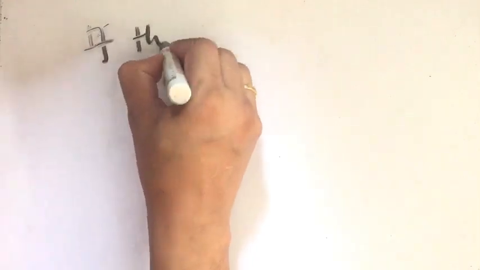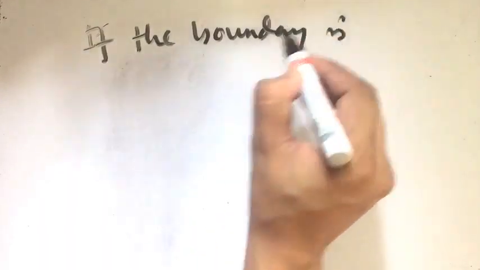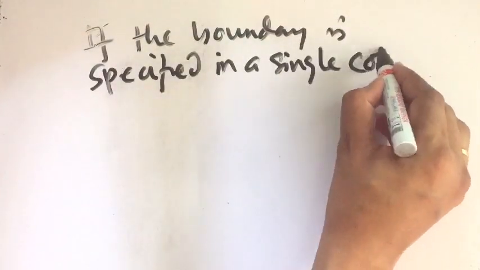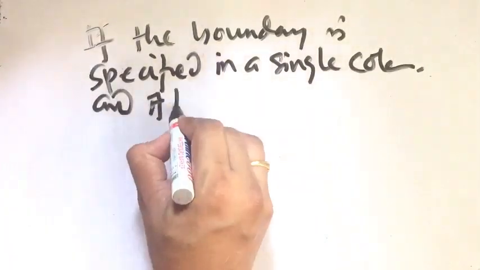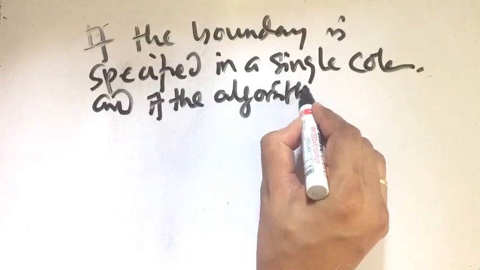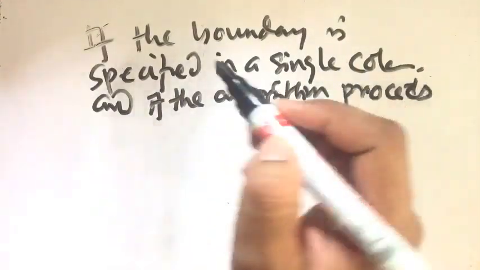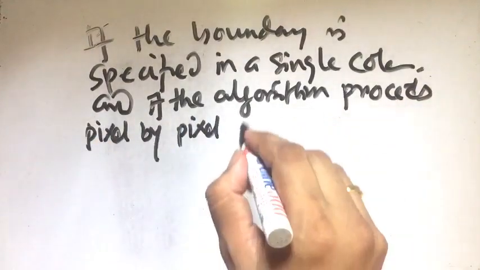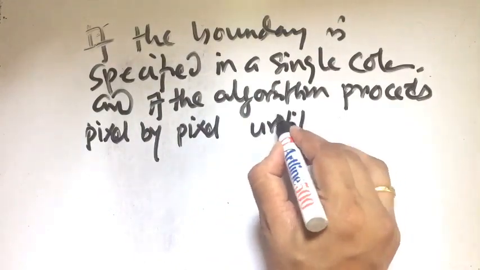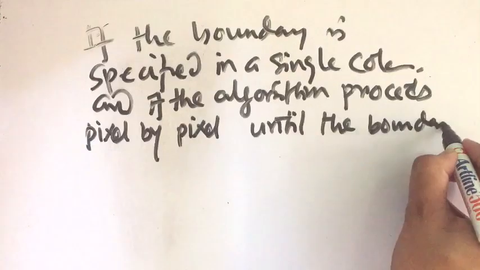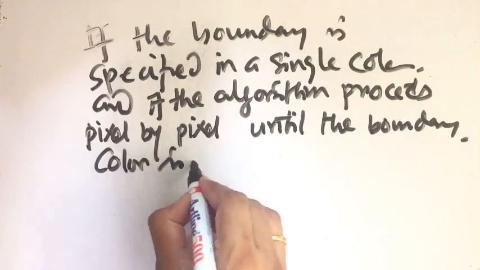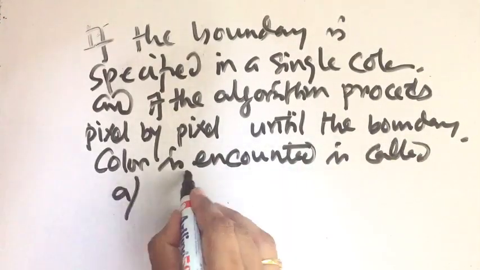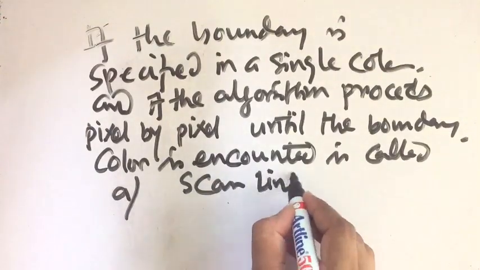If the boundary is specified in a single color, and if the algorithm proceeds pixel by pixel until the boundary color is encountered, it is called: Option A, scan line fill algorithm.